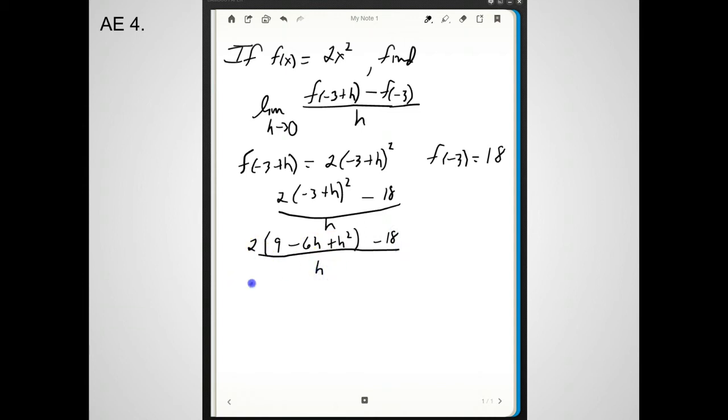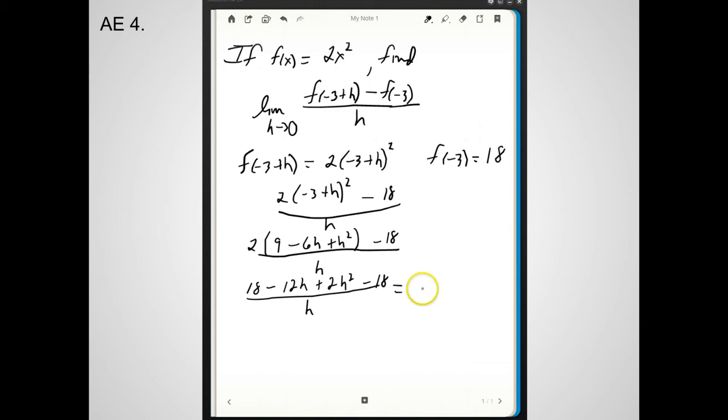Continuing to clean up the numerator, distributing the 2, 18 minus 12h plus 2h squared minus 18 all divided by h. Well, the 18s subtract out, so we're left with negative 12h plus 2h squared.